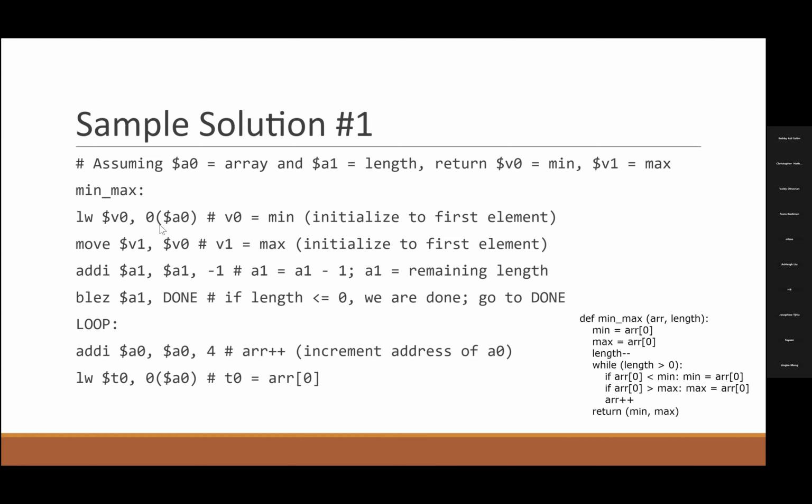And then we're copying that value to V1. And then here we're decrementing the length that is stored in A1. And if the length is less than or equal to 0, we'll jump to the end of the loop. So we're going to the start of the loop here.